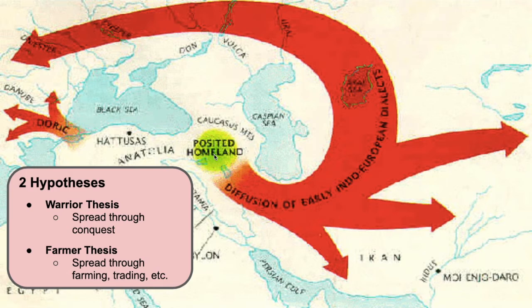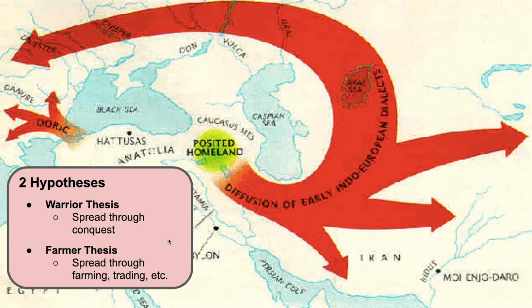Now, how it diffused is where the two different theories come in. The warrior thesis suggests that the language spread through conquest, that there were kingdoms that went out and conquered different lands, and in doing so, spread their language.